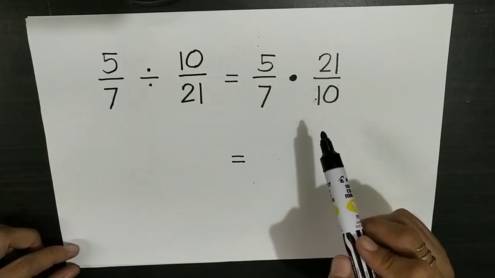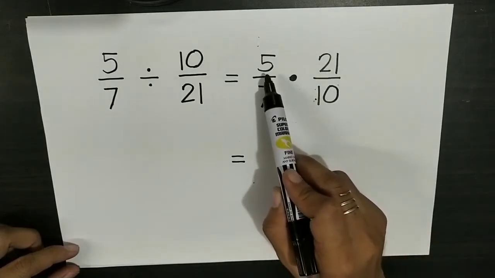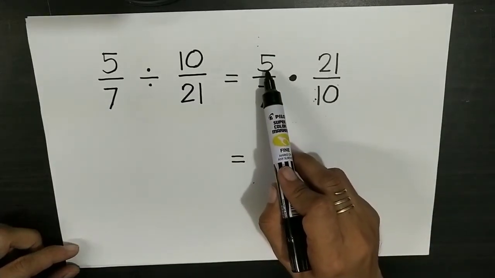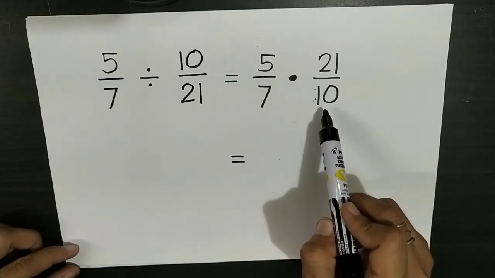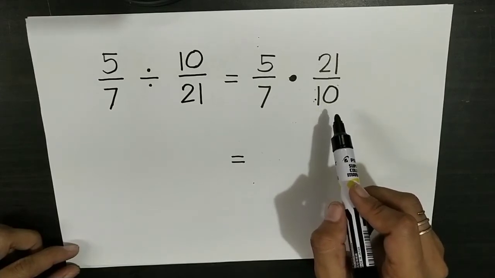5 times 21 is a big number, so let's check if we can reduce this to lowest terms. 5 in the numerator and 10 in the denominator, we can reduce by the GCF.